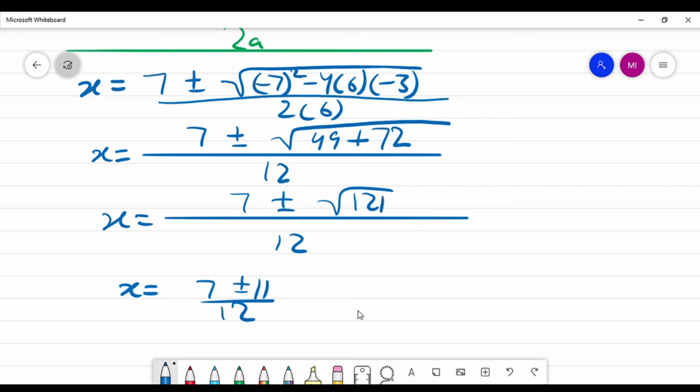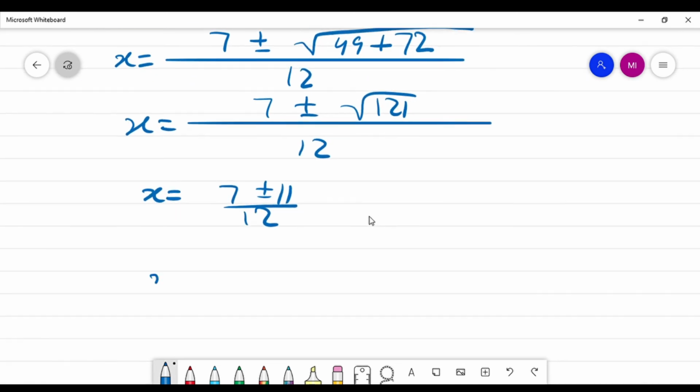And so the two values are x is equal to 7 plus 11 over 12, which is 18 over 12. And so these two cut and we get 3 over 2.